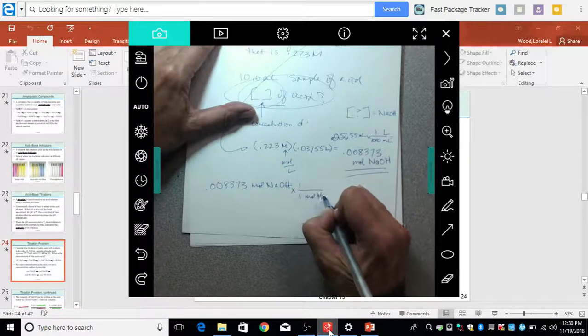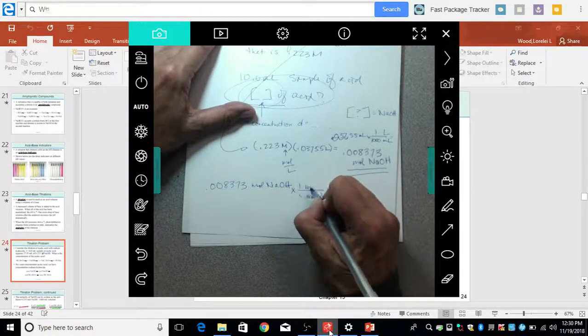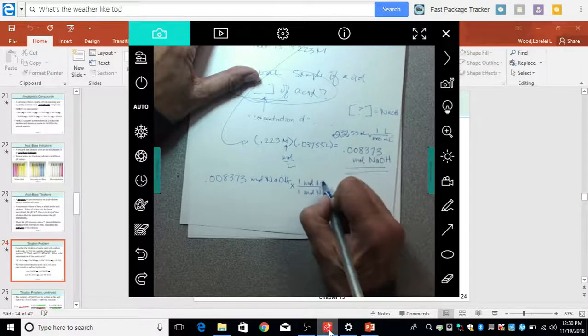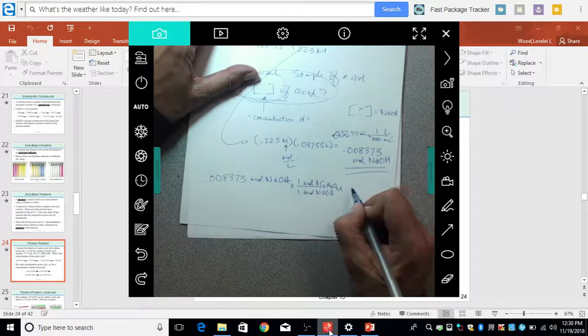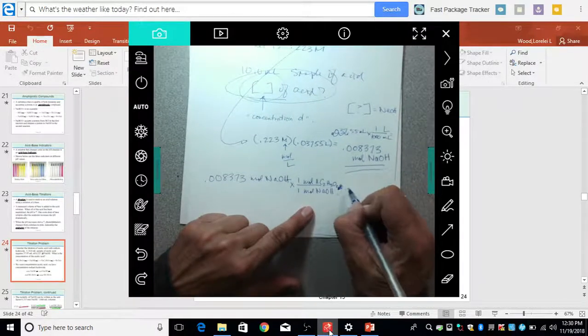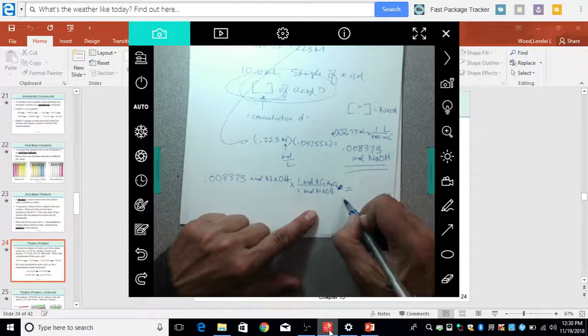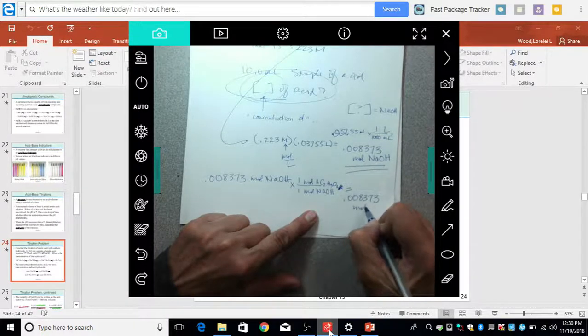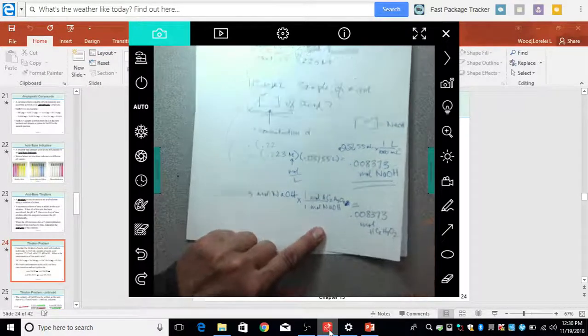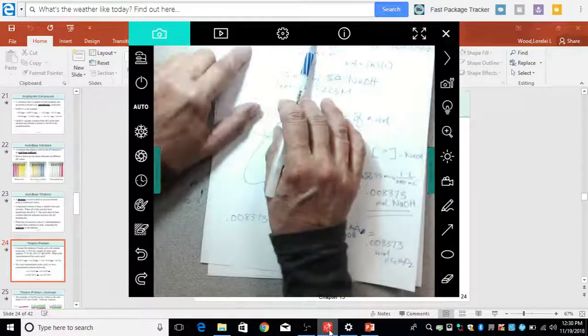Moles of NaOH to moles of acetic acid. Then that's all I need to do. So now I have 0.008373 moles of acetic acid, right? Sure I do, because it's a one-to-one relationship.